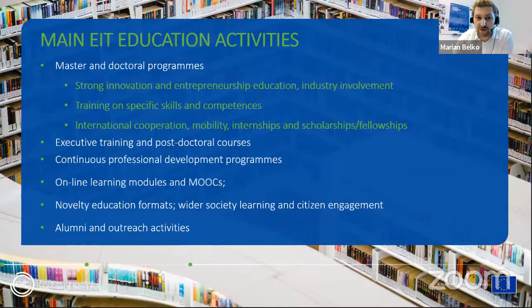Beyond master and doctoral education, you will find in our innovation communities a lot of executive training and lifelong learning, postdoctoral courses, continuous professional development programs, because the innovation communities also work with a set of actors in their fields, supporting them in strengthening their innovation skills and competencies further than at the academic level.